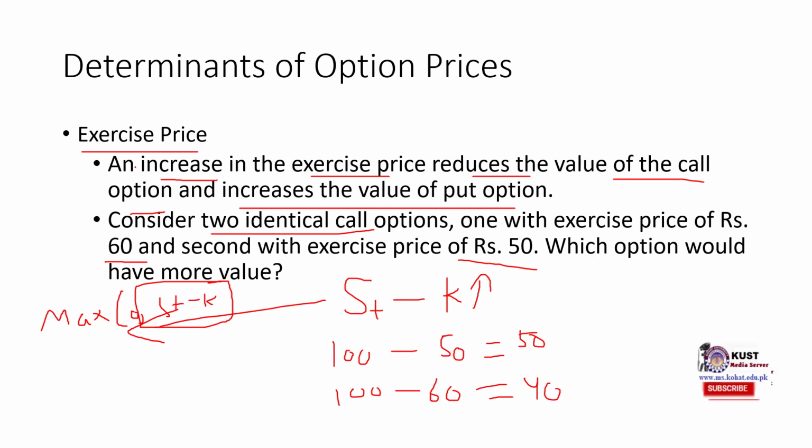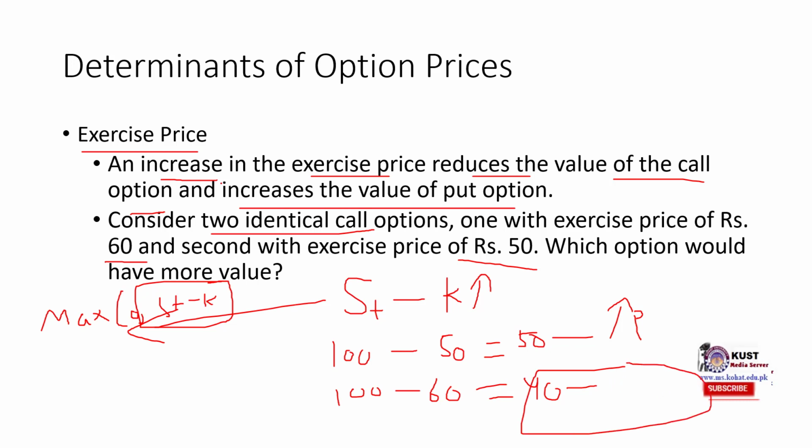This is what the sentence is describing. An increase in exercise price reduces the value of the call option, and if the value of that option decreases, then would you pay a higher premium for a lower valued option, or a lower premium? Which option would have a higher premium? Obviously the one having a higher value, so this would have a higher premium as compared to this one.